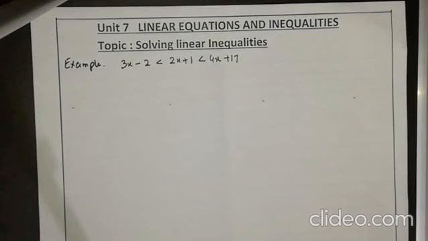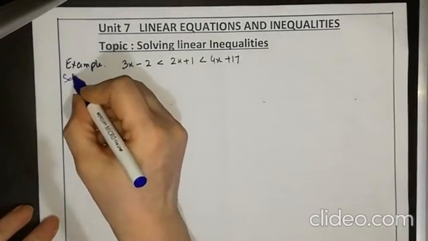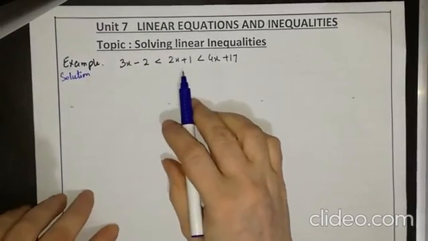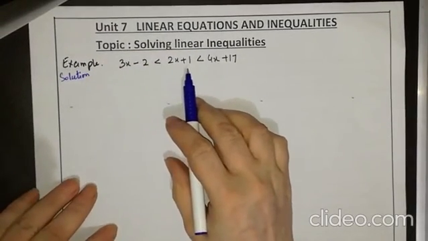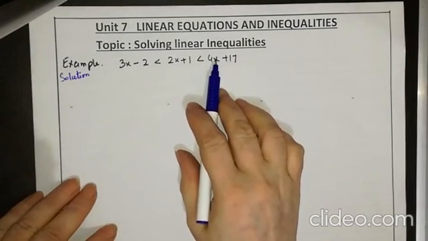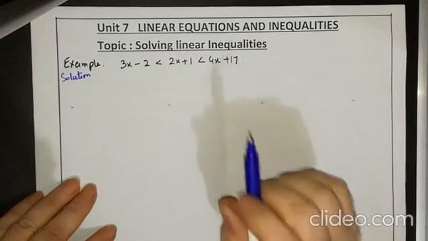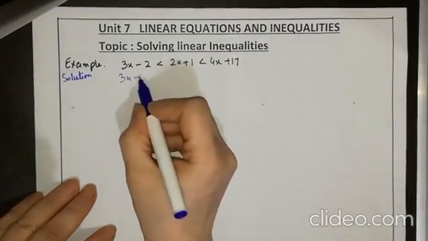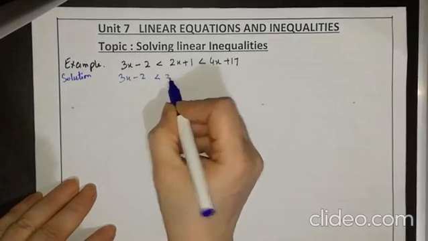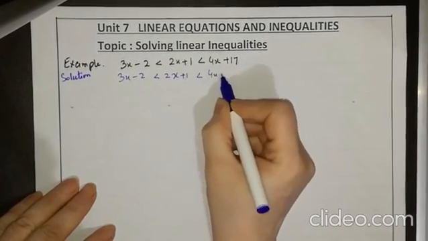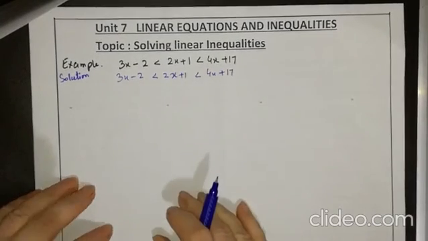Now see, the given inequality is a double inequality and represents two separate inequations. So very easy. Let me first write the question. 3x minus 2 less than 2x plus 1 less than 4x plus 17.